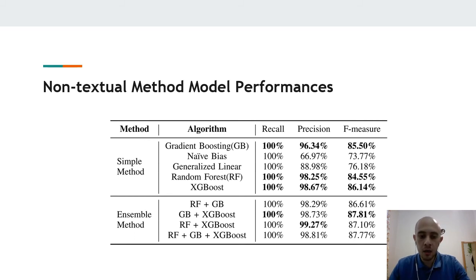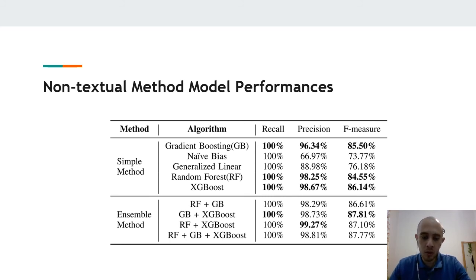As you can see here, we have the information of the performance of each algorithm separately, and we have the performance of them in combination with each other to show the difference it makes when you combine these two different algorithms.